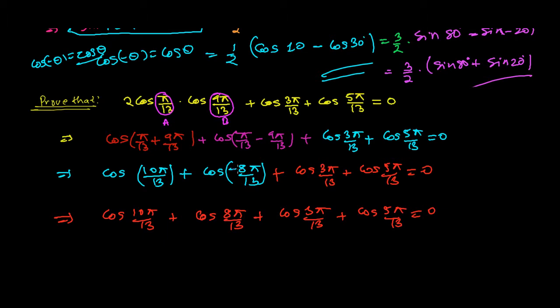If you don't want to get this minus, you can write this twice of cos 9 pi over 13 times cos pi over 13 instead. Both are the same thing.